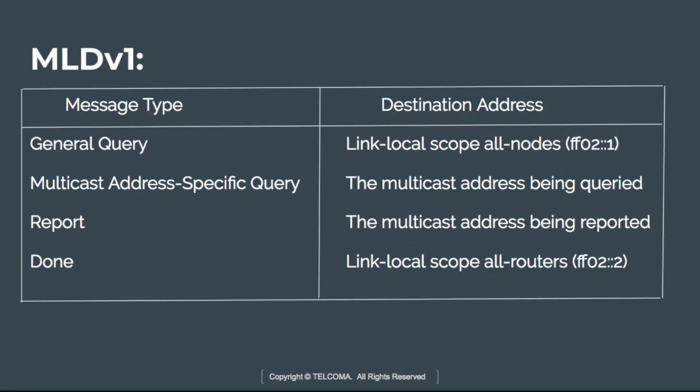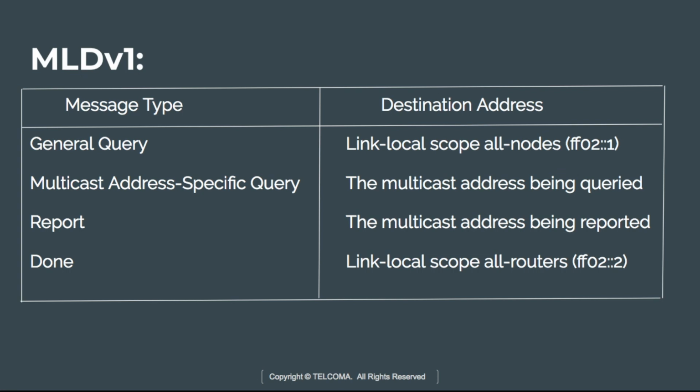Next we will discuss the message types that we are using in MLD version 1. If the message type is general query, then what will happen? The destination address is the link-local scope address of all nodes, and it is set to ff02::1. If the message type is multicast address specific query, then the multicast address that has been queried is added in the destination address.